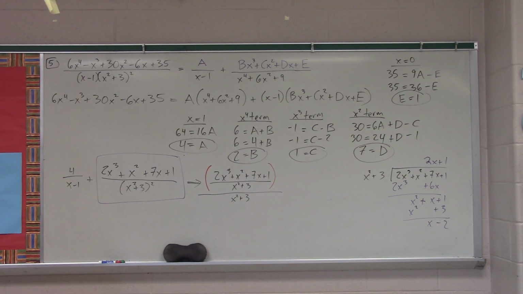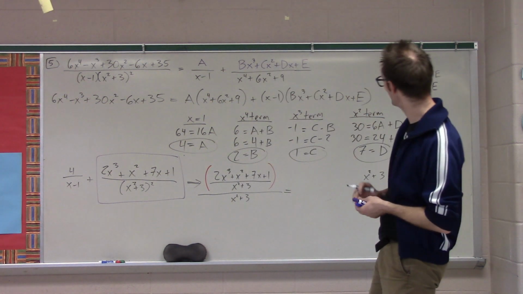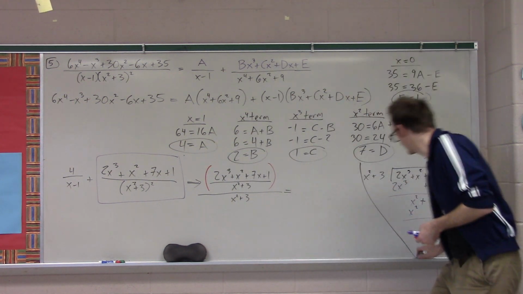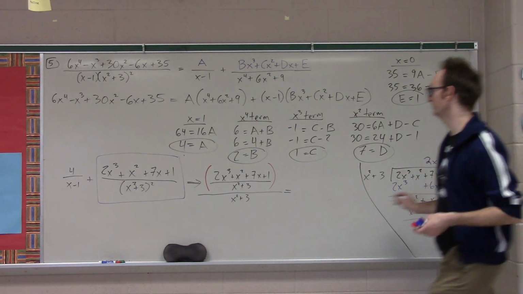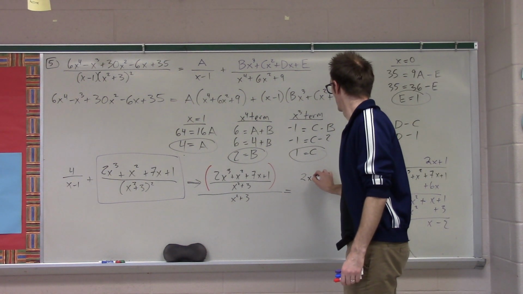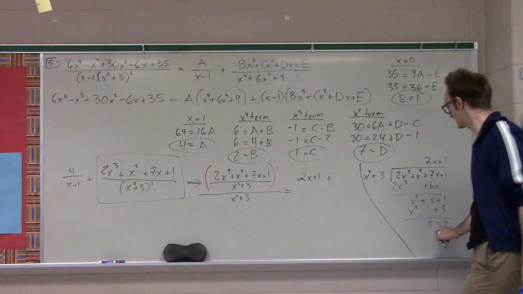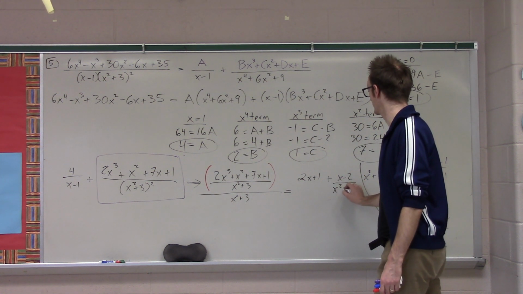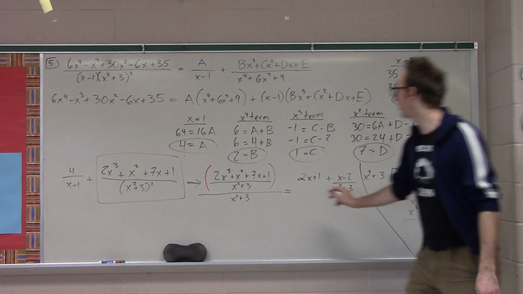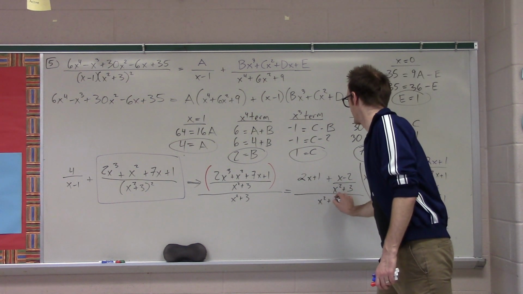Therefore, this entire thing here can be rewritten, let's put that off to the side, as 2x plus 1 plus my remainder, x minus 2 over x squared plus 3. But all of that is, of course, still over x squared plus 3.